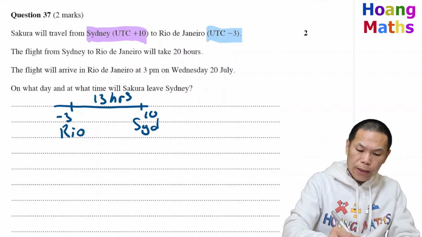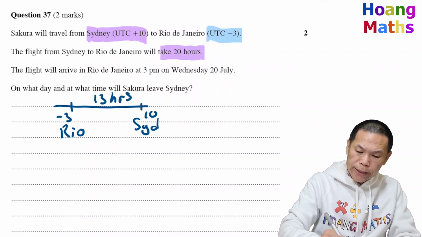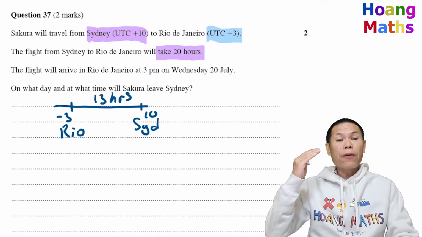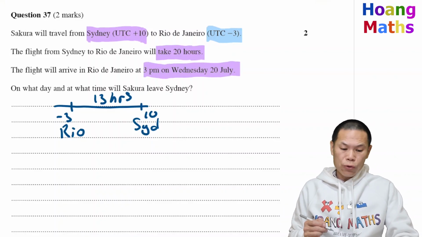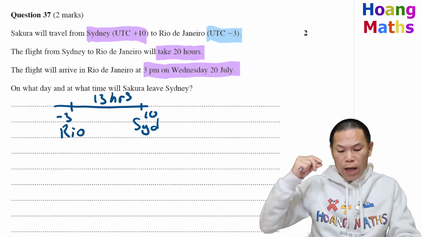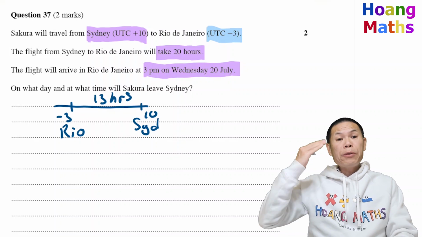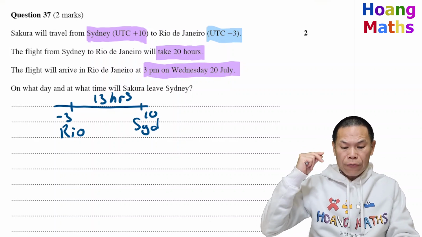We know that the flight takes 20 hours, and the flight will arrive in Rio at 3 p.m. on Wednesday, 20th of July. We need to work out the time Sakura leaves Sydney. Let me first work out the time in Sydney when Sakura arrived in Rio.